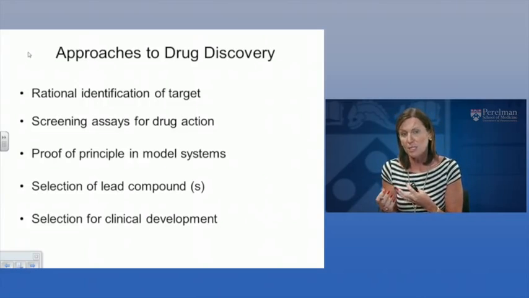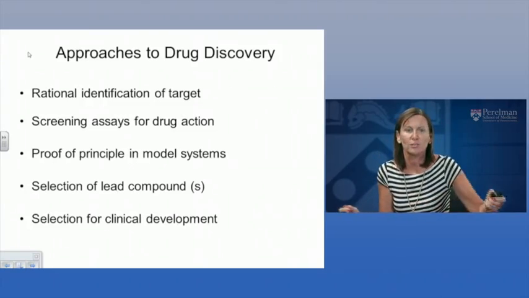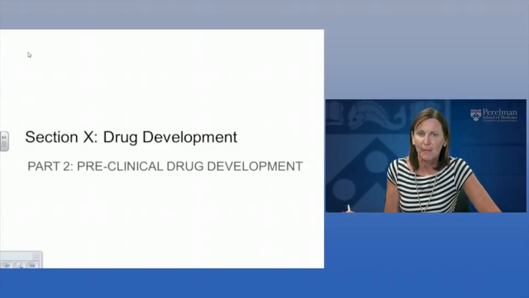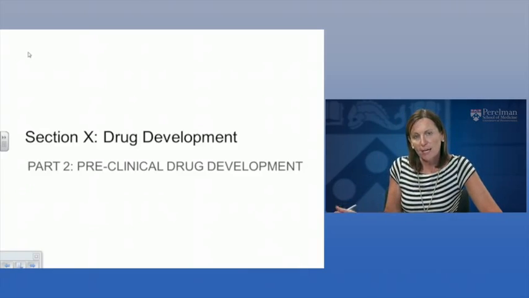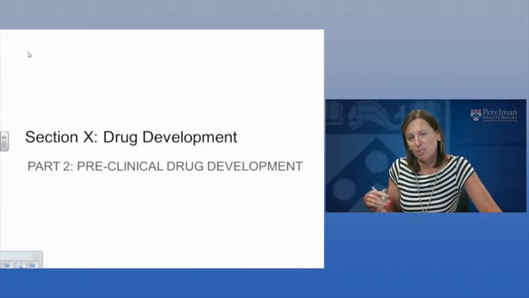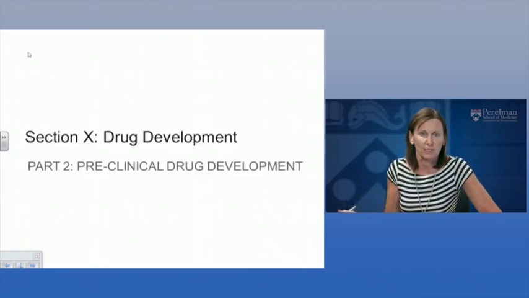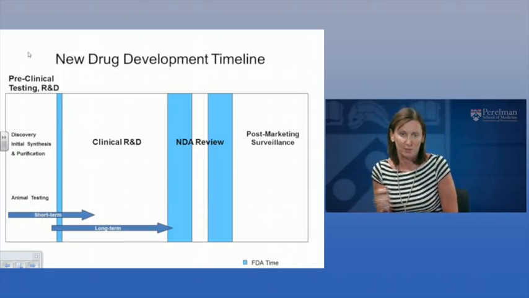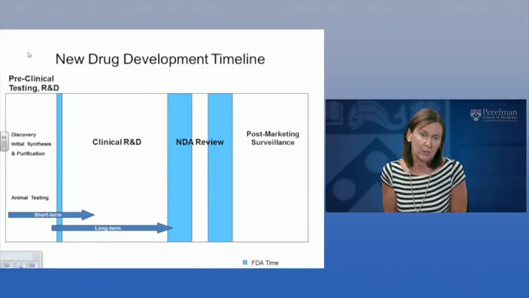And for most examples that I've given you previously, it is the selection of one molecule that goes into the human drug development stages. So after that drug discovery, or sometimes contemporaneously with that drug discovery phase, is the initiation of the preclinical drug development phase. And this is also referred to as the animal testing phase.